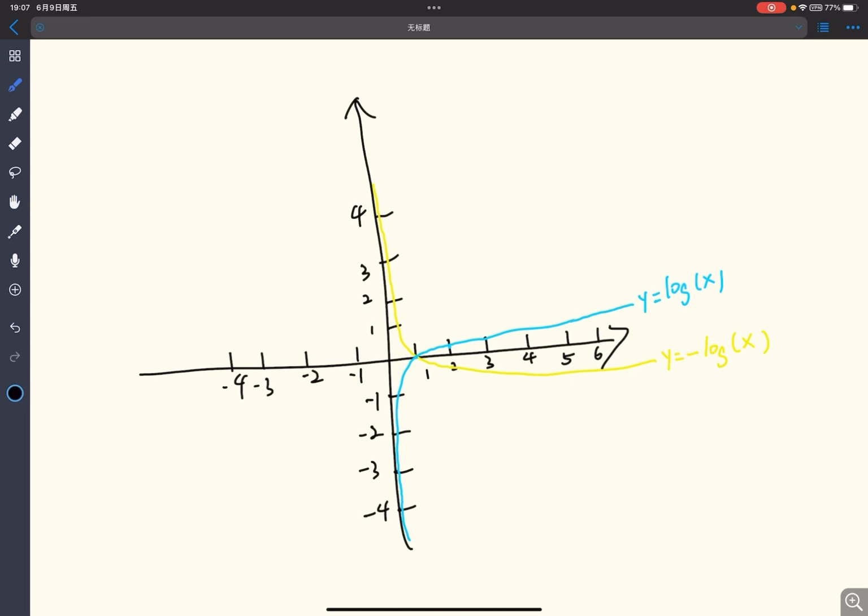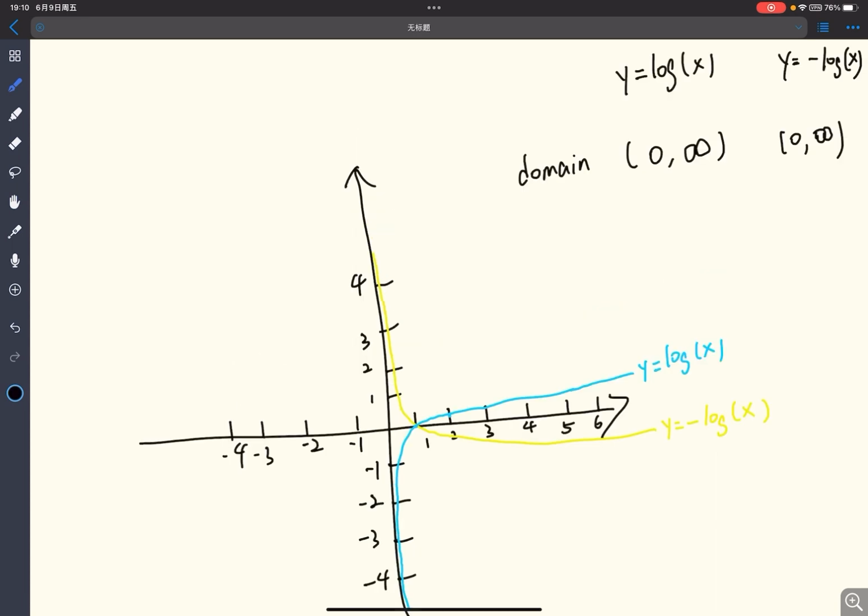The following figure shows the blue parent function y equals log x and the yellow reflection function y equals negative log x. As can be seen from the figure, the domain of both functions is 0 to infinity, but their range is different.